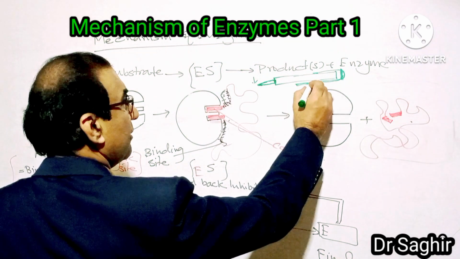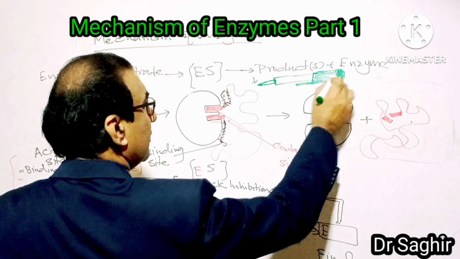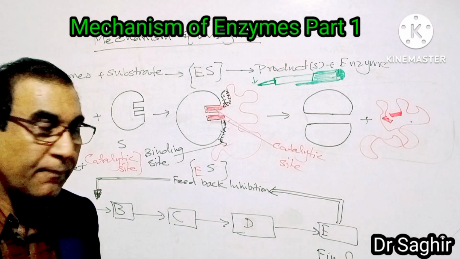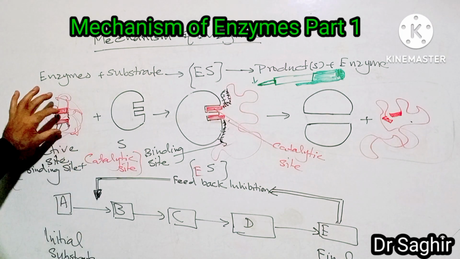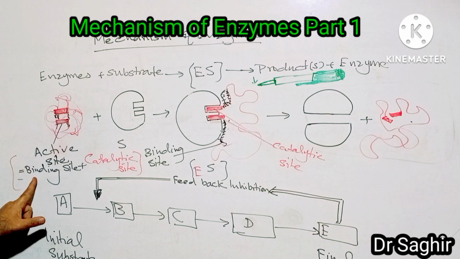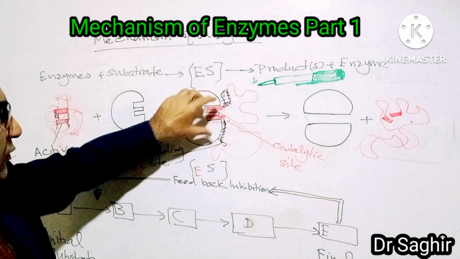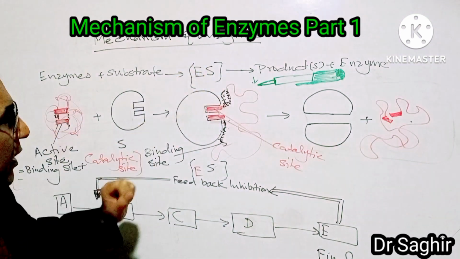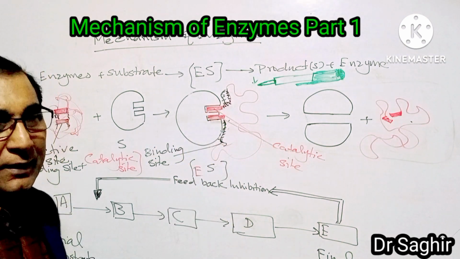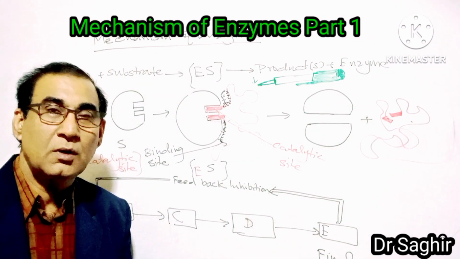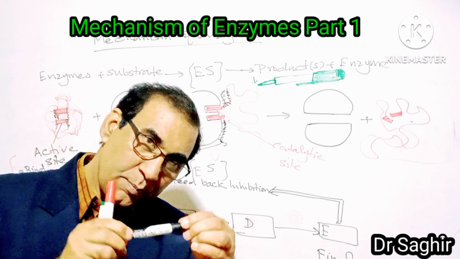If it is not there, this pen won't be able to function. The same is true with the enzyme. Its active site consists of the binding site and the catalytic site. The binding site first binds with the substrate, and then the catalytic site carries out the catalytic activity, either binding, say, one substrate and another substrate together.